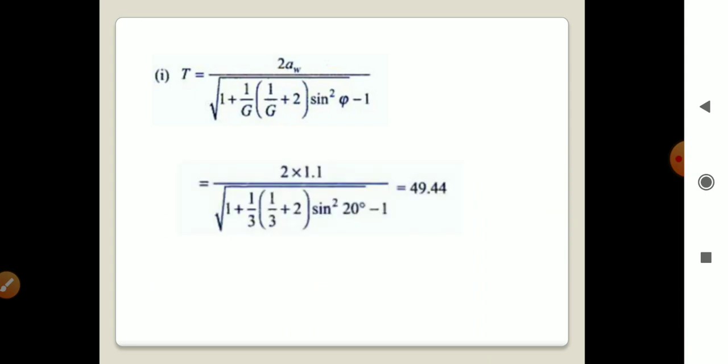We know that the value of Aw, that is 1, and 2 is constant. Now next, root of 1 plus 1 divided by 3 into bracket 1 divided by 3 plus 2 into sine square of the angle phi, that is 20, minus 1. So we got here capital T is equal to 49.44.